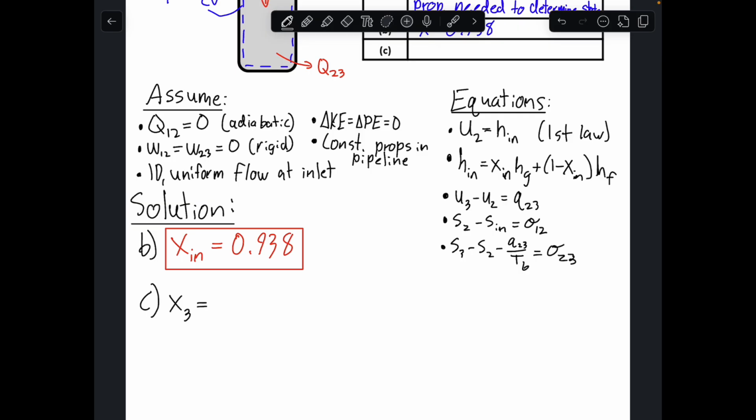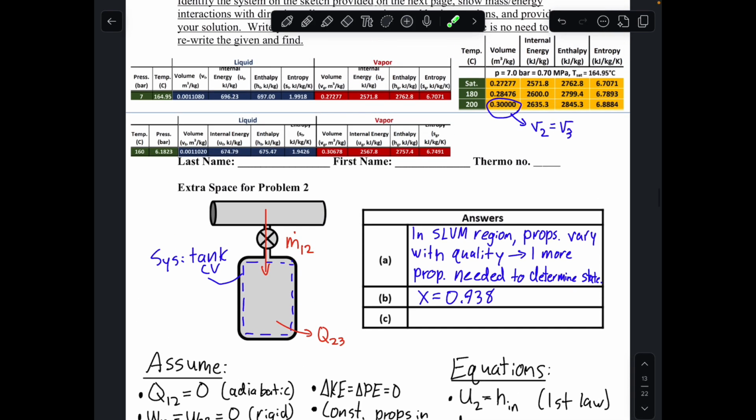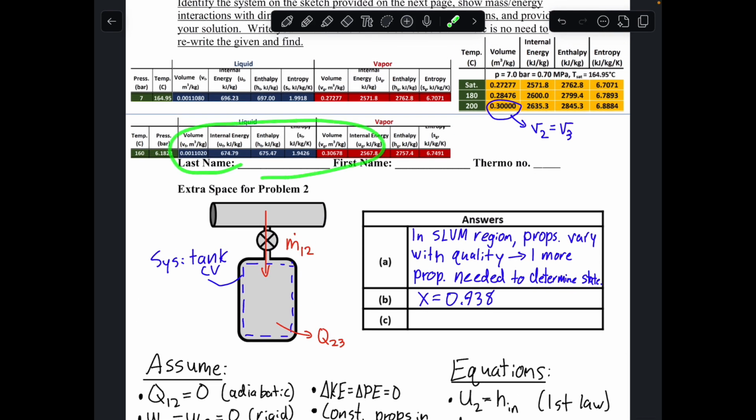X3 should be equal to, now since we have V3, we're going to use V instead of H. So it should be equal to V3 minus VF divided by VG minus VF. And these values, again, we can get from the saturation table right here.